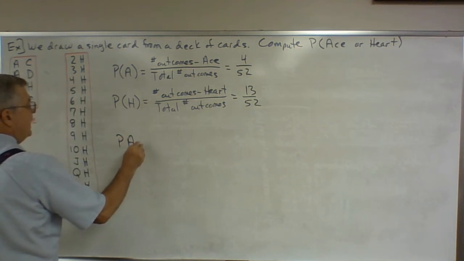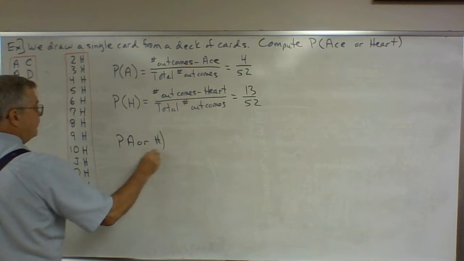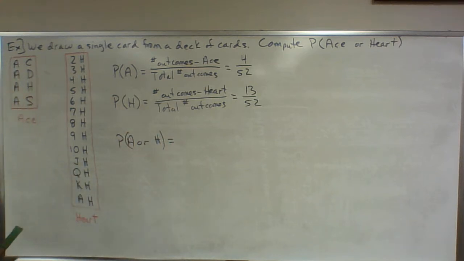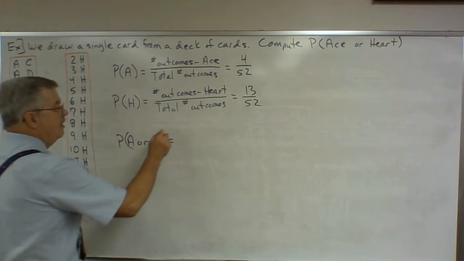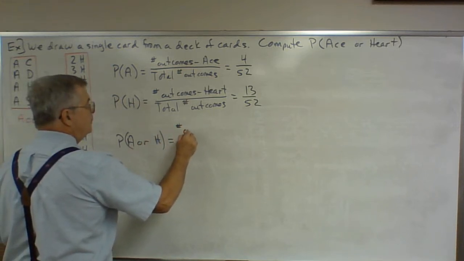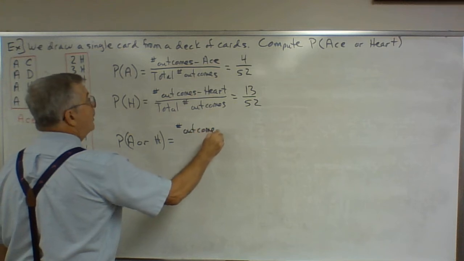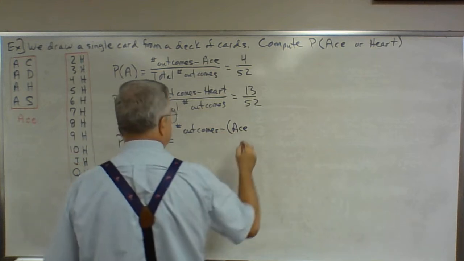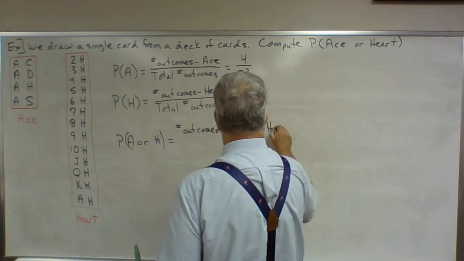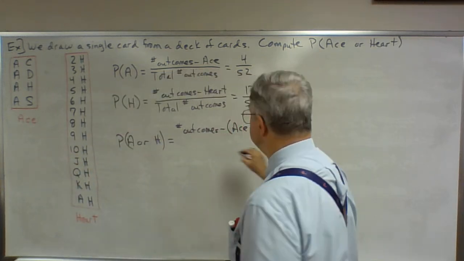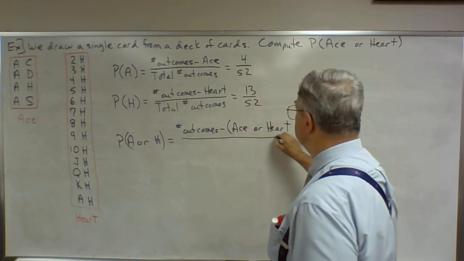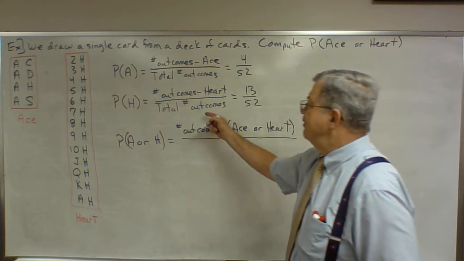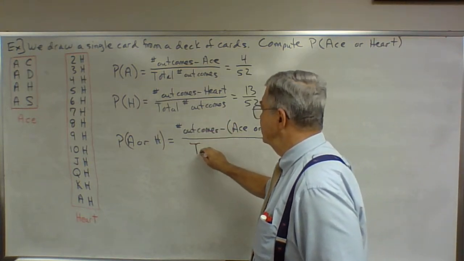Probability that we get an ace or a heart is equal to number of outcomes resulting in an ace or a heart divided by total number of outcomes.